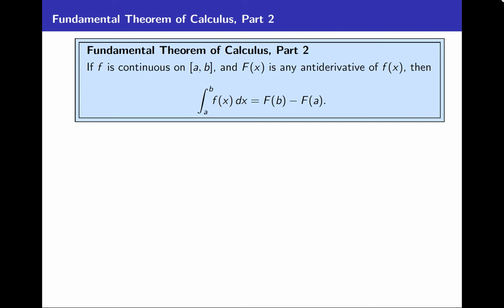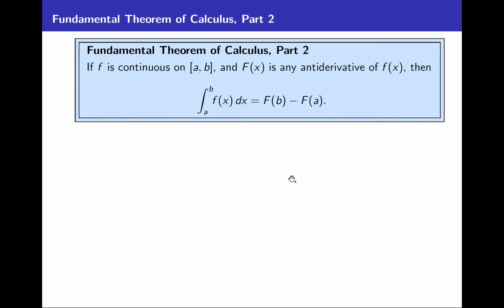Let's write it down very carefully. Part 2 comes from Part 1, so there's a little bit of language we need to insert to assure that Part 1 applies. Here's a careful statement. Fundamental Theorem of Calculus, Part 2: if little f is continuous on the closed interval from a to b, and big F of x is any antiderivative of little f of x, then, as we worked out on the previous slide, the integral from a to b of f of x dx equals big F of b minus big F of a.